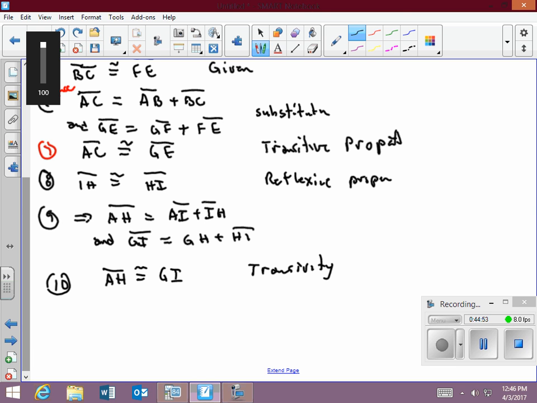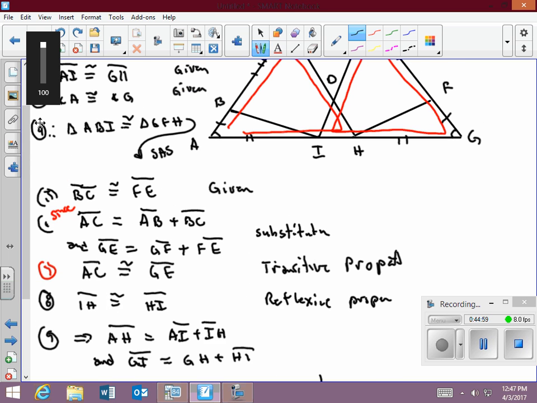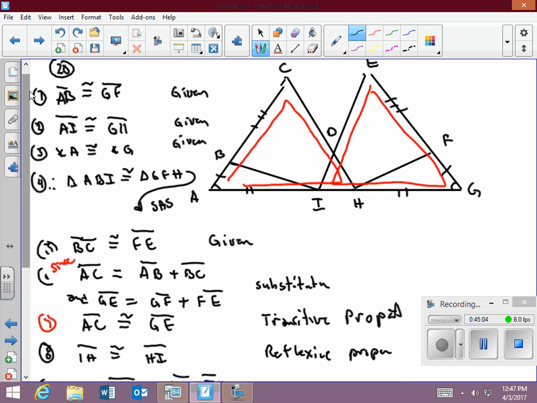And then you can make the conclusion that the triangle, what is the last one you have there? AHC is congruent to GIE.